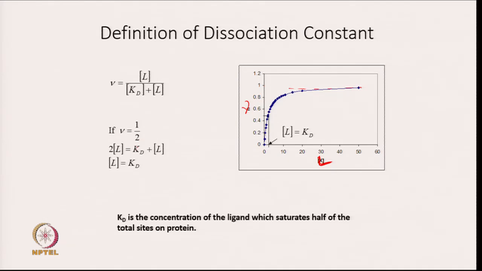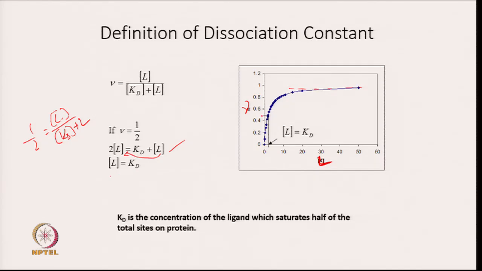If I take nu is equal to 1 by 2, I just put 1 by 2 is equal to L divided by K D plus L, and so K D plus L is equal to 2L, and if I take L this side, I get L is equal to K D. What does that mean?